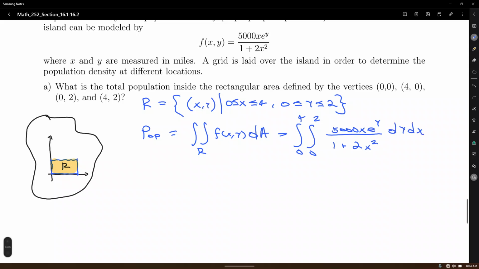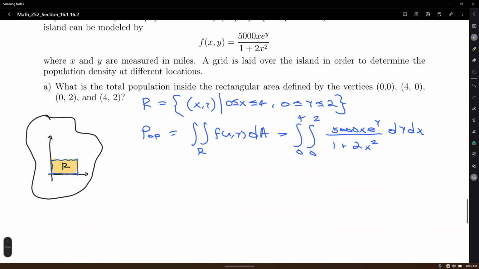All right. In this case, I think we can go dy dx because integrating with respect to y, we just integrate e to the y, which is going to be itself, right? No problem integrating e to the y. Even if we went dx and then dy, it's still possible. It's just a u substitution.